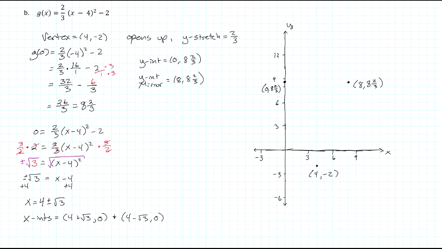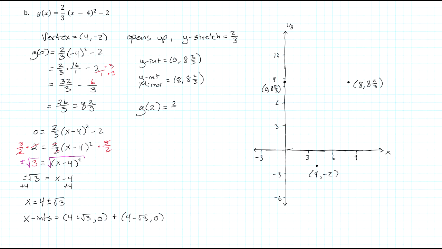I'm not exactly sure what those values are, so I'm going to find some other points first. What if we plug in like 2? If I were to think about where it's going to be approximately, it might be around 2 for that x-intercept. So I'll plug that in, see how good that guess is.